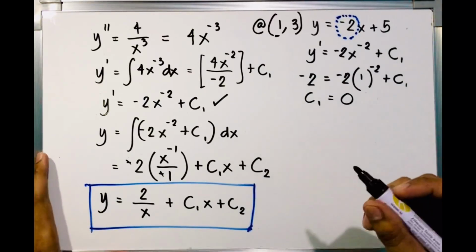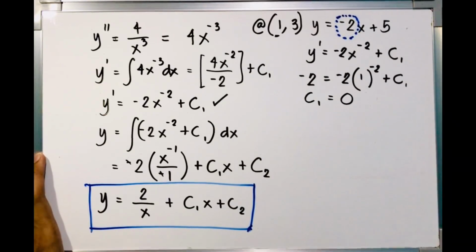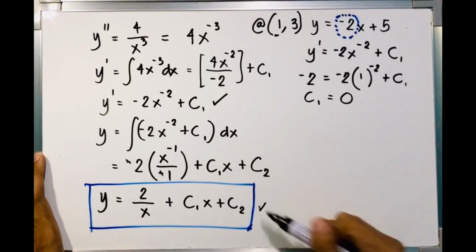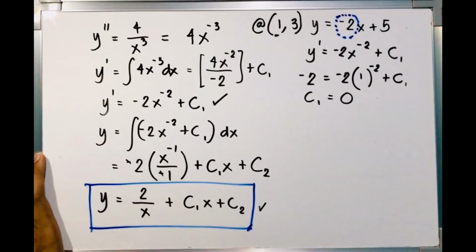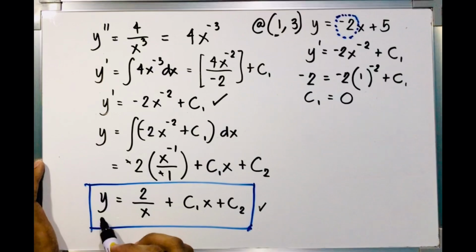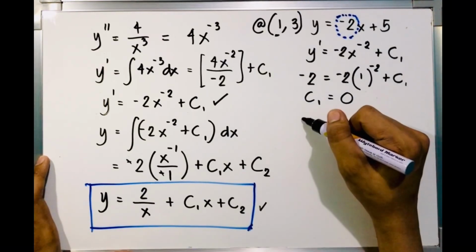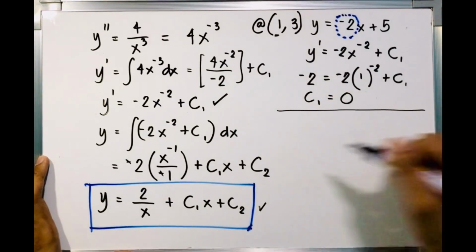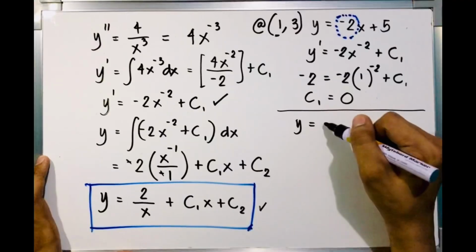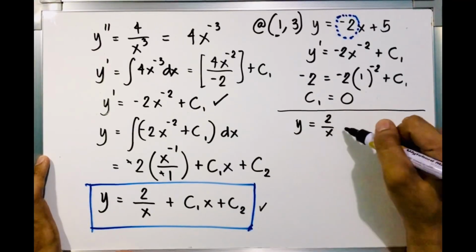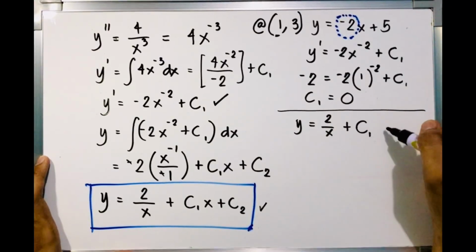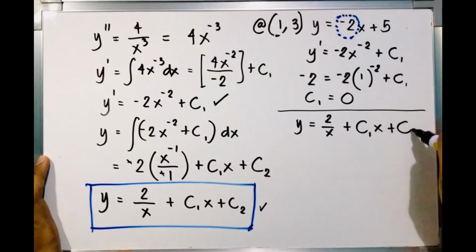Kasi, i-try nating isolve yung c2 using this function. Okay? Kung kanina ginamit natin yung y prime, ngayon gagamitin na natin yung mismong function of the curve with the inclusion of the two unknown constants. So, using that function of y is equal to 2 over x plus c1x plus c2.